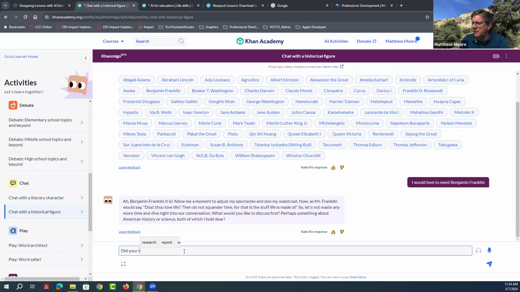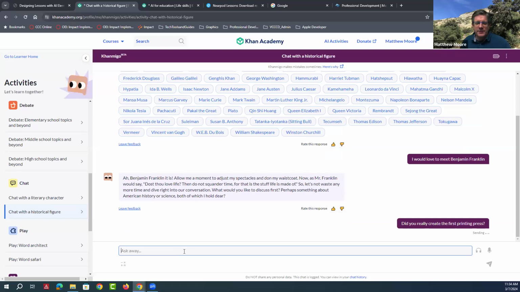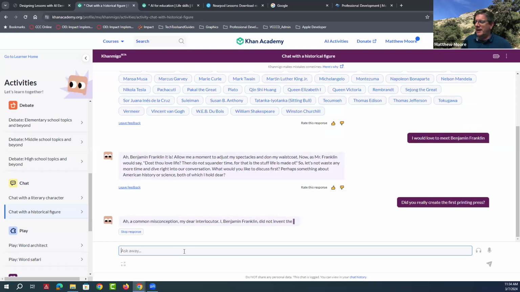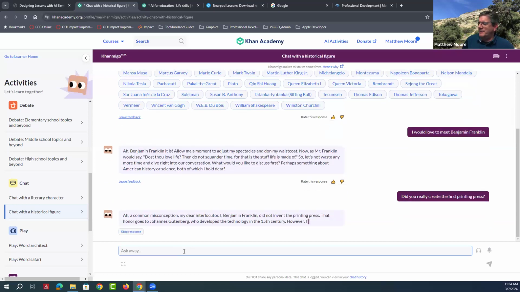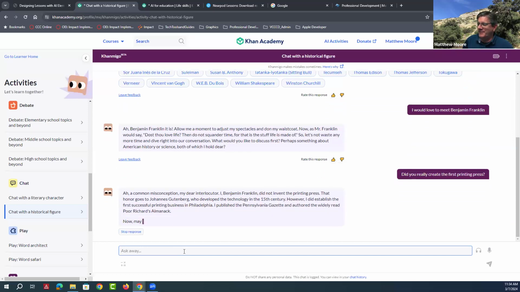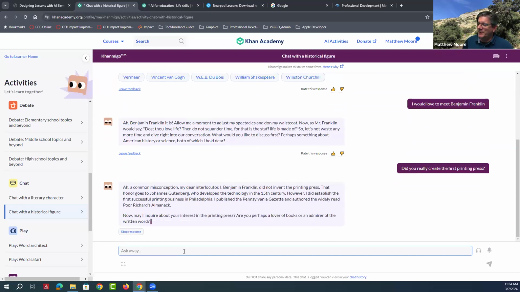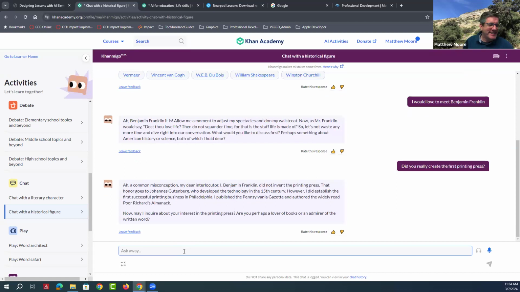Did you really create the first printing press? So we'll just see what happens. Common misconception, dear interlocutor. I guess that means, what does interlocutor mean?